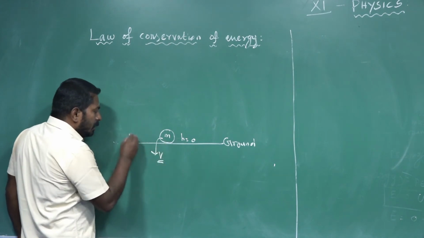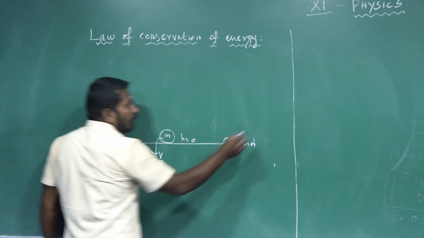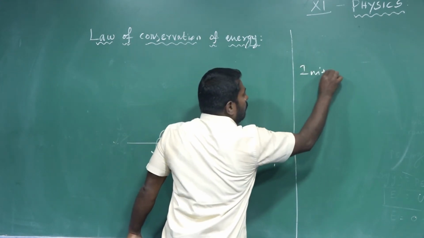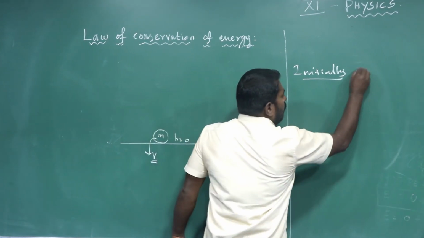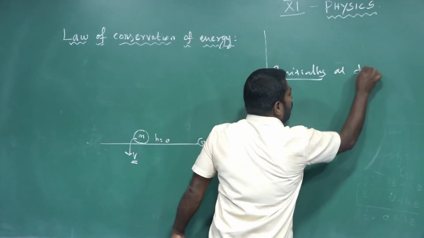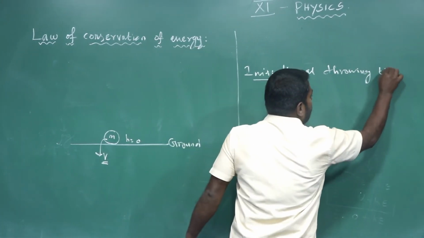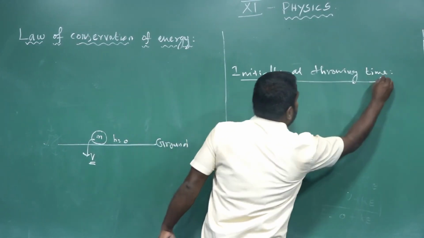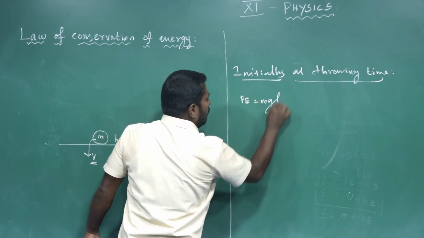At the throwing time, initially, potential energy P is equal to mgh.